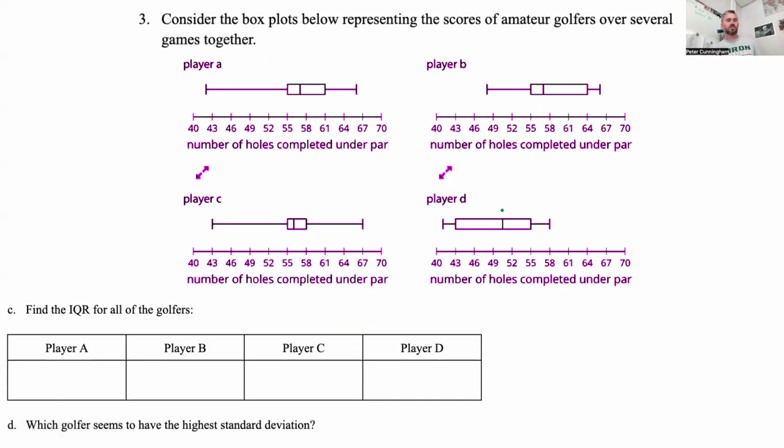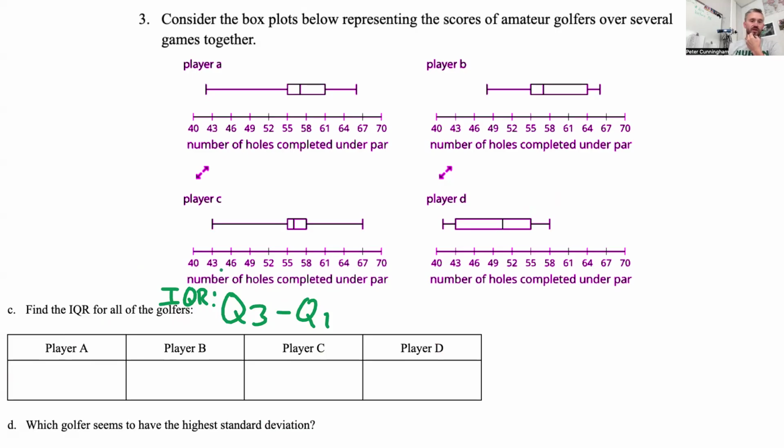Okay, so let's move on to doing some calculations based on what we have here. All right, we're going to find the IQR for all the golfers. So if you look at player A, the IQR every time is Q3 minus Q1. So I'm taking my Q3 minus my Q1.